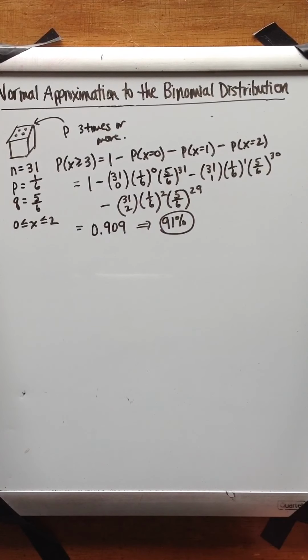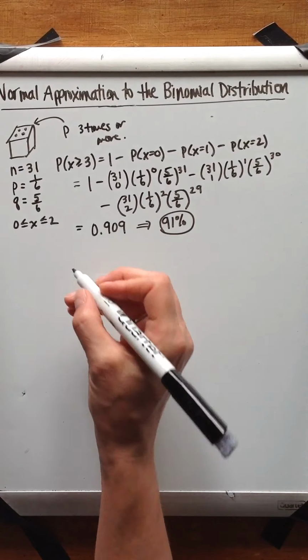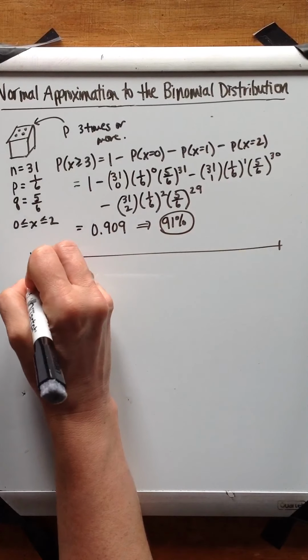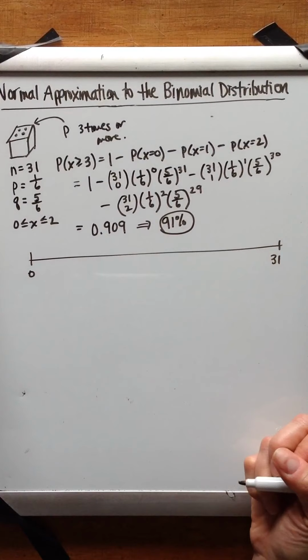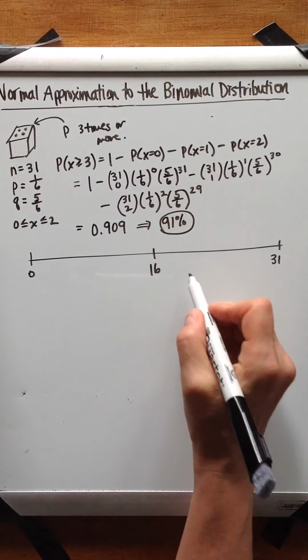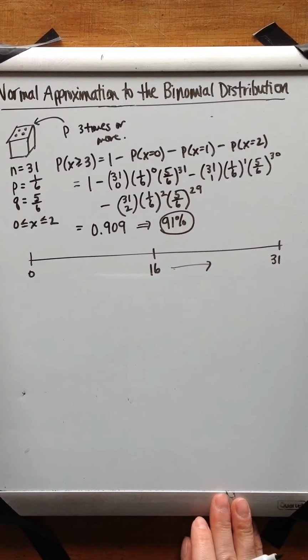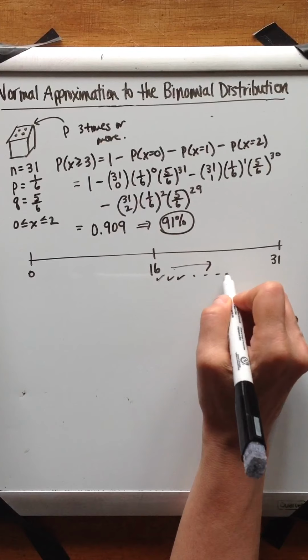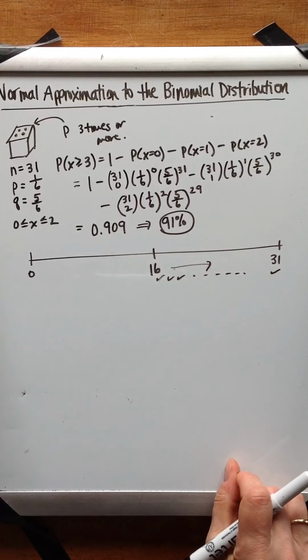What if we change the scenario a wee little bit? What if we said instead, hey, instead of getting anywhere from none to 31 4s, what if you wanted to find the probability of getting 16 or more? Well, then you'd have to find the probability for 16, 17, 18, all the way up to 31 and add them up.